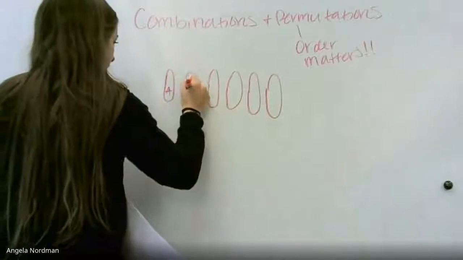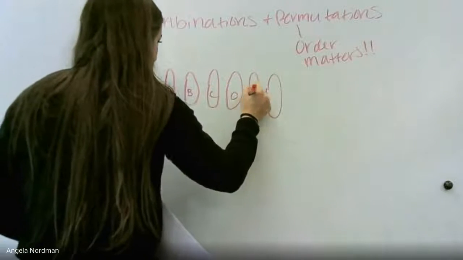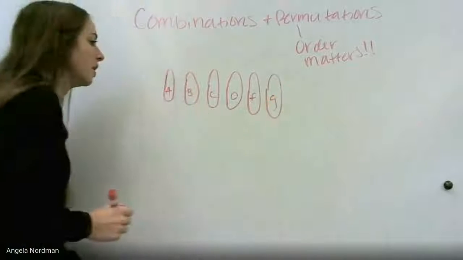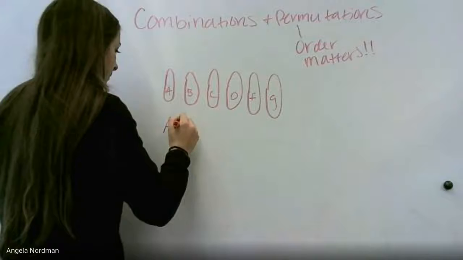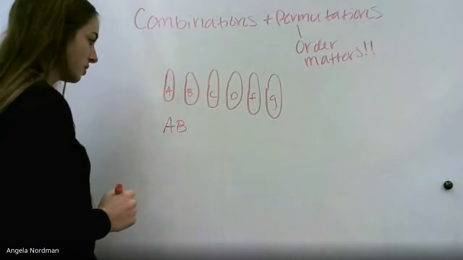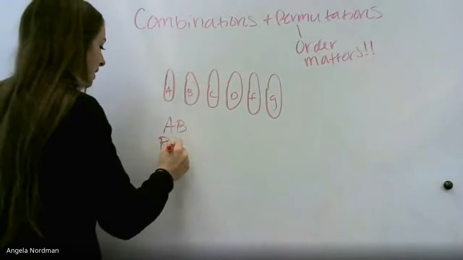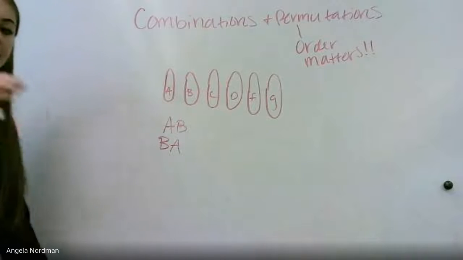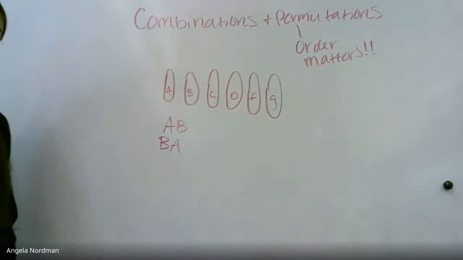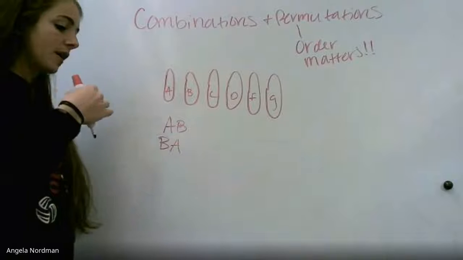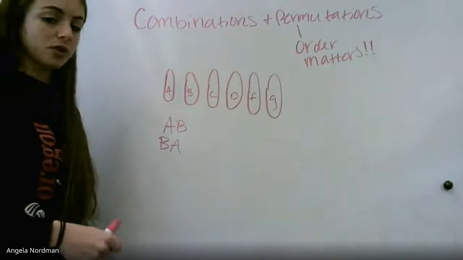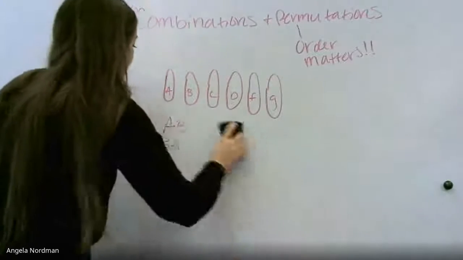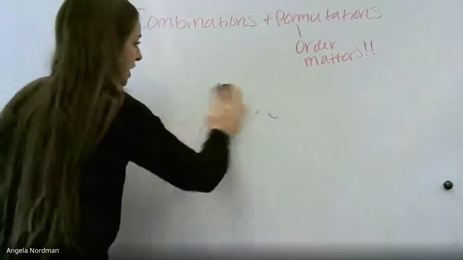So this is A, B, C, D, F, G. If I choose A and B, that's one set of water bottles. Choosing B, then A is a different set of water bottles. The first one and the second one is different from doing the second and then the first. So since order matters, it's going to be a permutation.